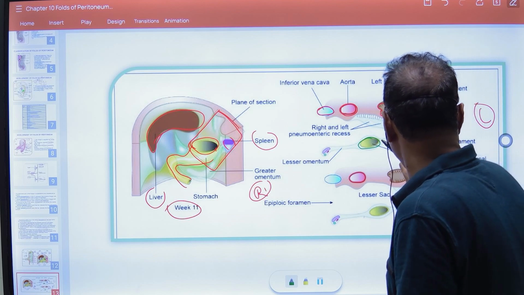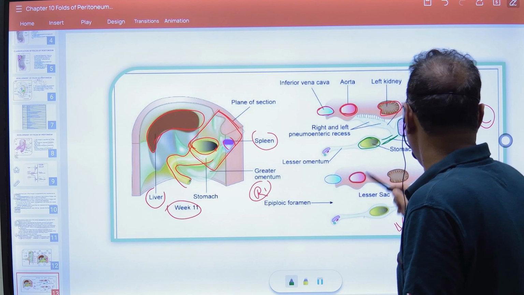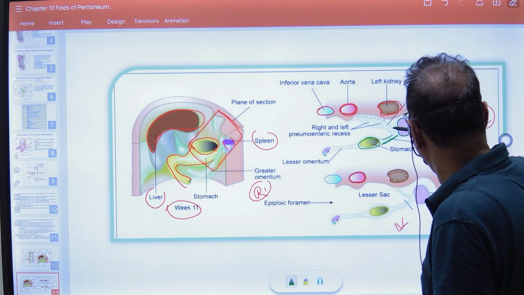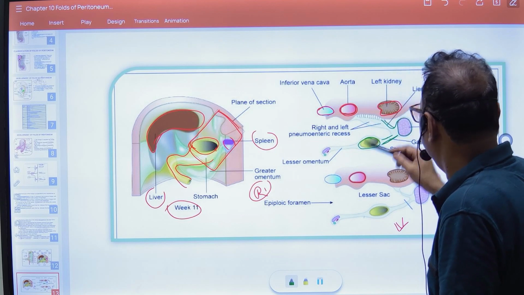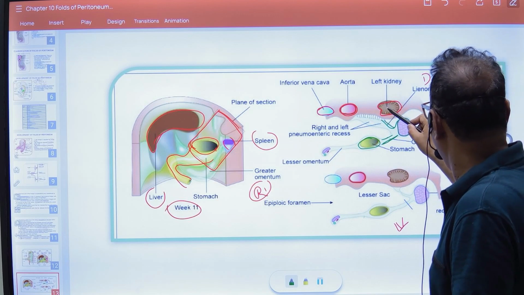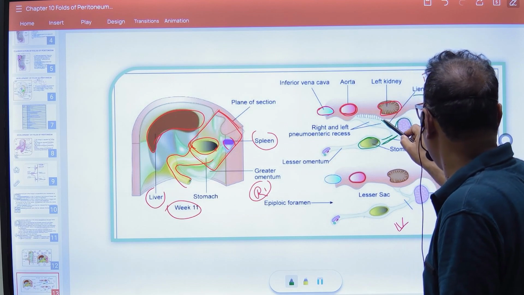Here we have got the gastrosplenic ligament connecting the spleen to the stomach, and this one is the linorenal ligament connecting the spleen to the kidney. Spleen is connected to the kidney by means of this linorenal ligament.